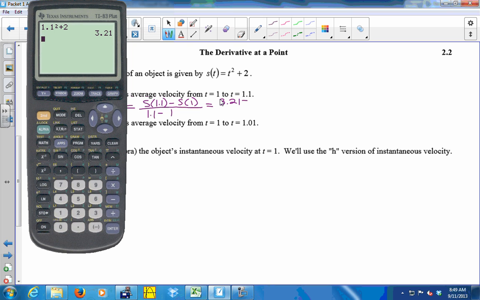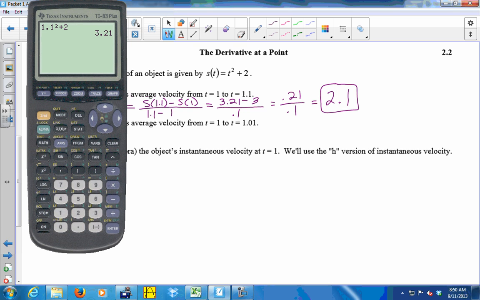And s of 1 is going to be 1 squared plus 2, which is 3. And 1.1 minus 1 is 0.1. So this comes out to 0.21 over 0.1, which is 2.1. So there's our average velocity over a small time interval, 1/10 of a second.